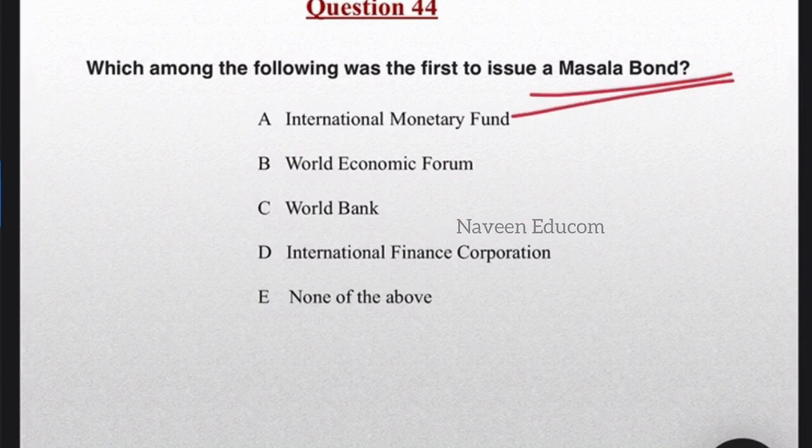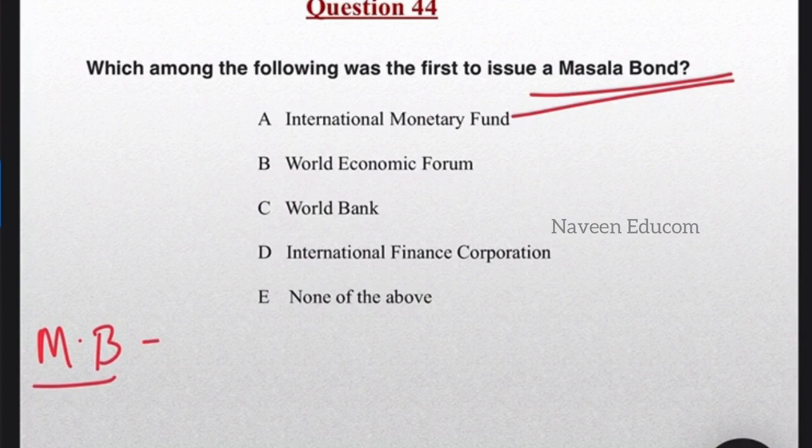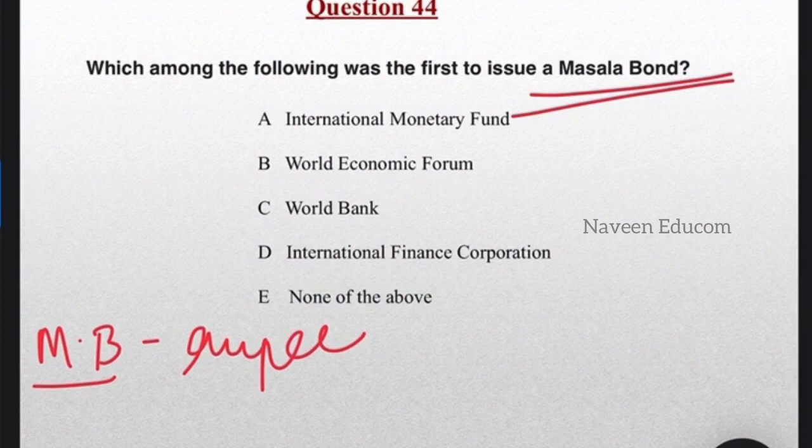Coming to the next question, which among the following was the first to issue a Masala Bond? So do you know what is Masala Bond? Hope you all know that. So I will be explaining to you what is Masala Bond. Masala bonds are rupee denominated borrowings by the Indian entities in the overseas market.